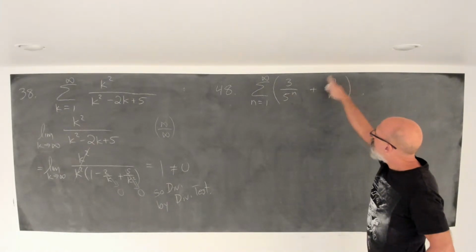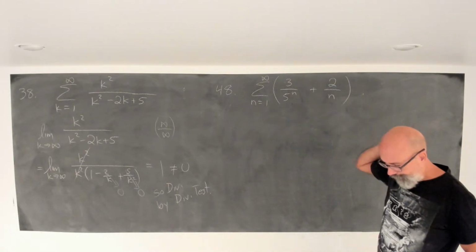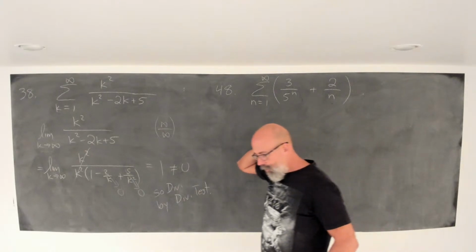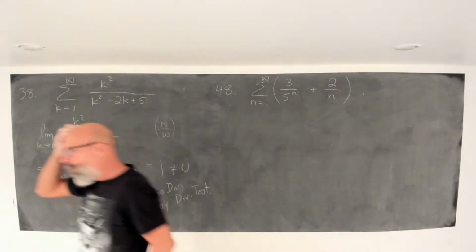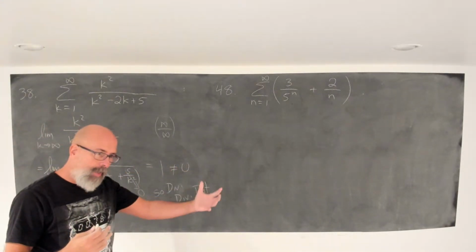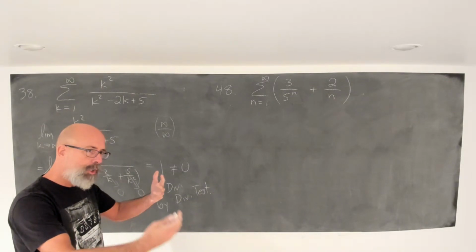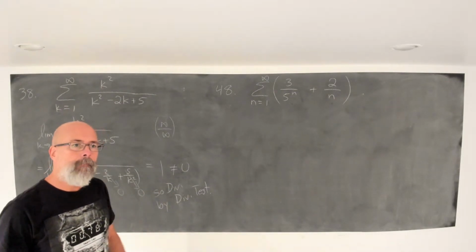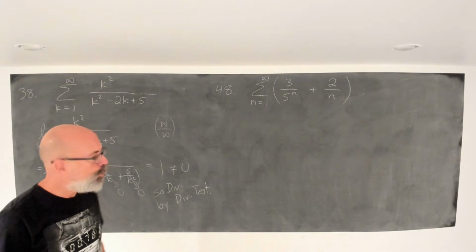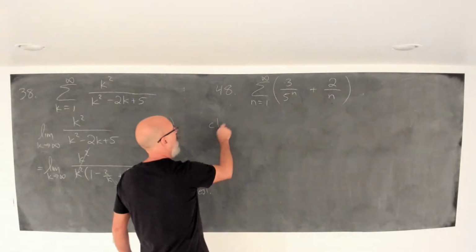This part is a divergent series. So now we're asking ourselves, if you have a part of it which converges and a part which diverges, does the sum necessarily diverge? The answer is yes. And let's prove it.